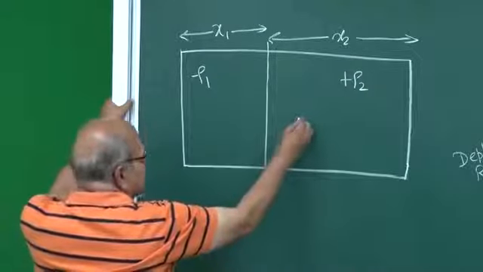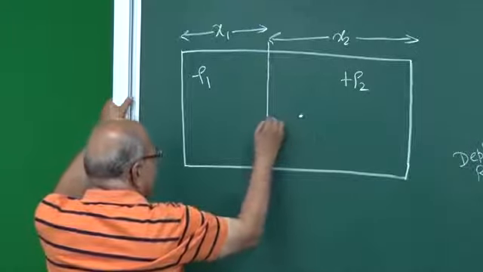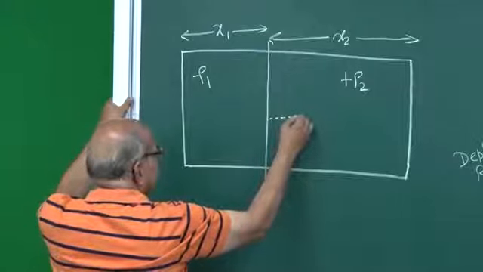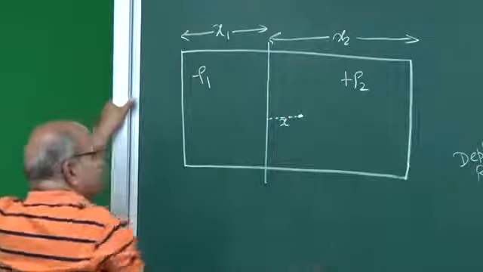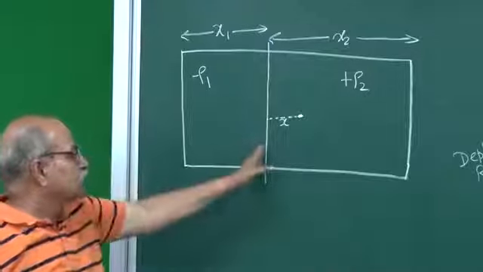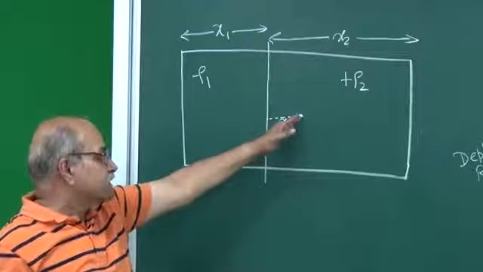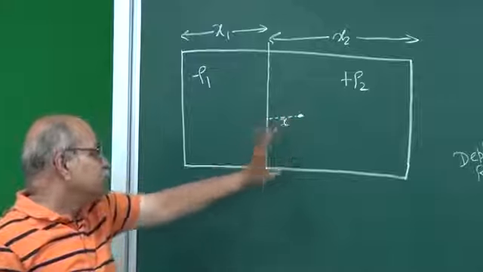And suppose I need the electric field at this point at some distance, let me call it x, electric field at x. This is x equal to 0, remember, junction is x equal to 0. So at distance x, in that n-type side, I am putting a point here.